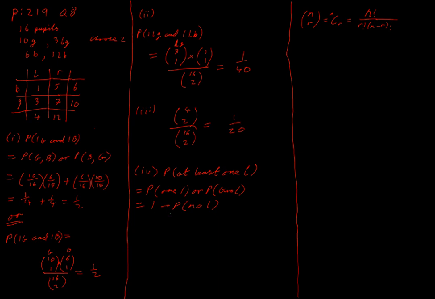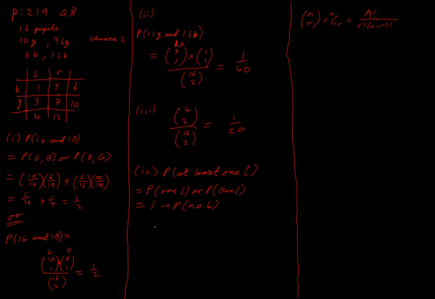And most times in an exam setting, this will be much faster to calculate than finding 1 of something or 2 of it, and so on. In this case, there isn't a massive difference between the 2, but this is very much a key skill. You must be able to recognize at least 1 would be the same as 1 minus the probability of none of that thing.